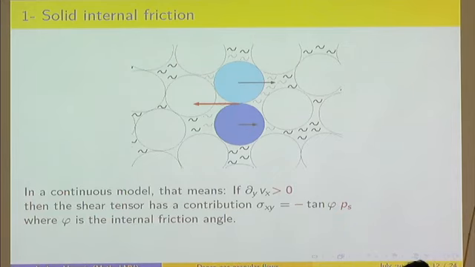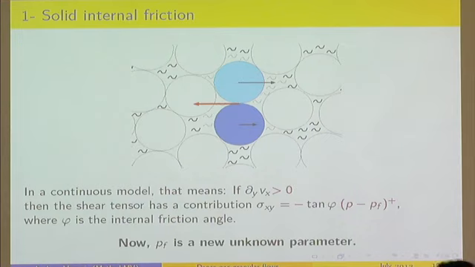We can discuss it at the end if you like. But here, for PS, I don't know anything about PS in my model, so I just put P minus PF, where P is the total pressure, which is already in my previous system, and PF is a new unknown parameter, the interstitial fluid pressure.